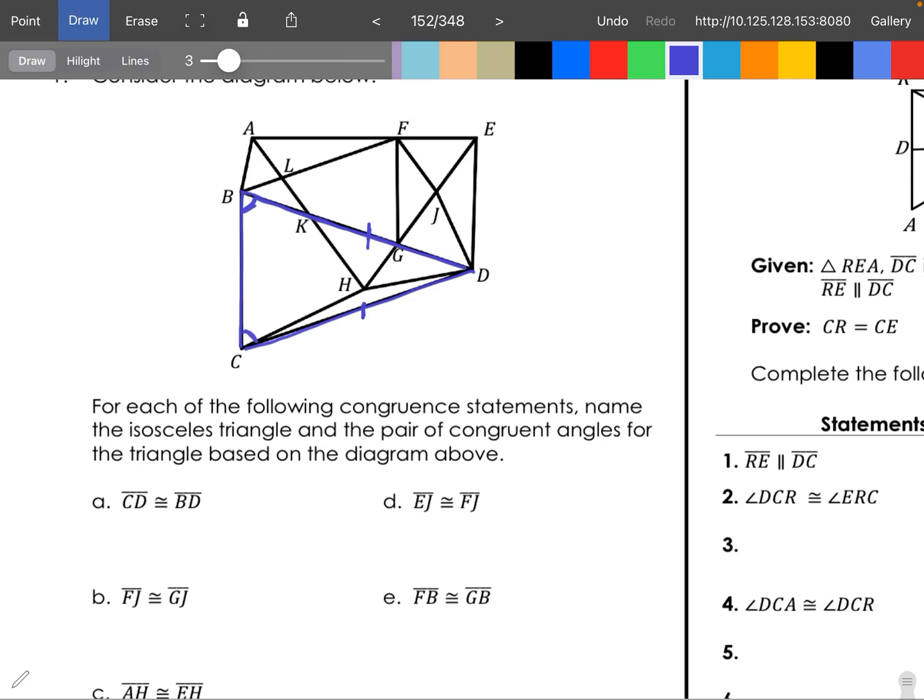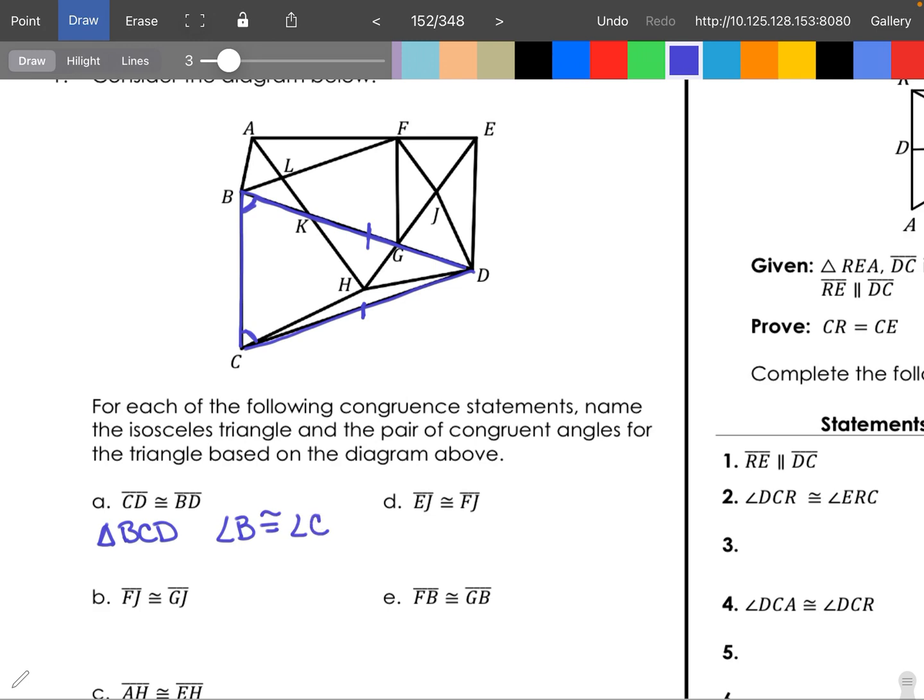All right, so I'm going to ignore everything except for that triangle, and let's name that triangle. I'm going to name it triangle BCD. You can name it with any three vertices there. But the two base angles are angle B, and it is going to be congruent to angle C.